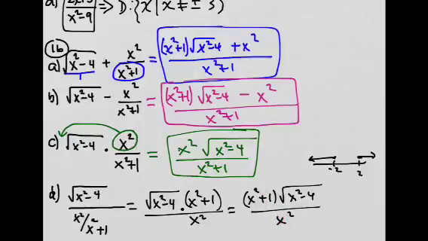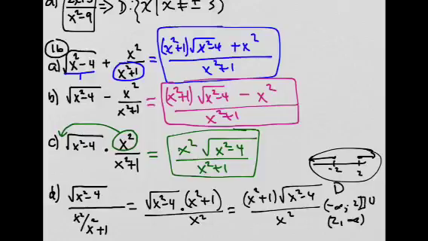And the domain is this one. So we could say from negative infinity to negative 2, union 2 to infinity. Oh, actually, it could be 2 and negative 2, so these should be brackets. Okay?